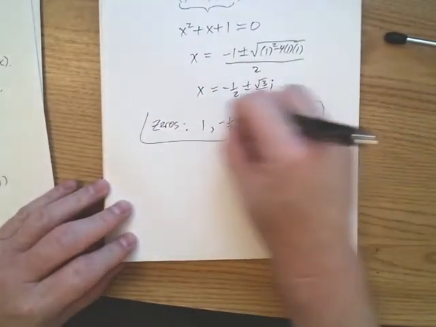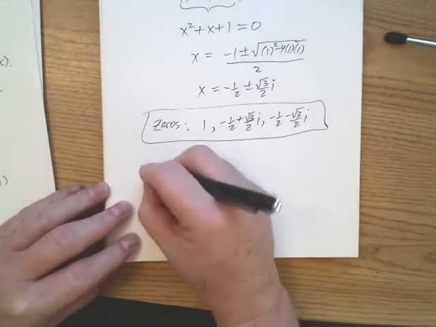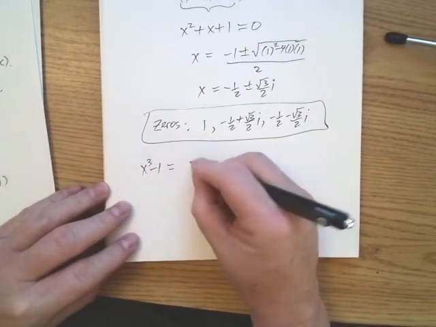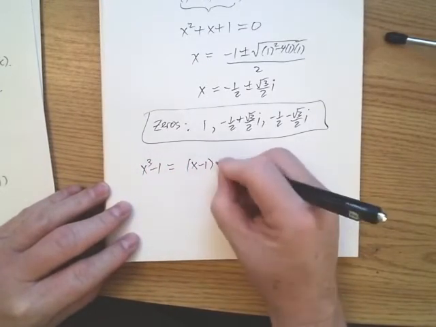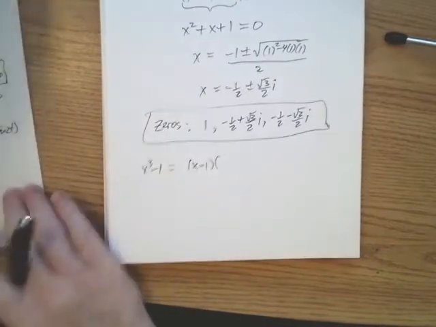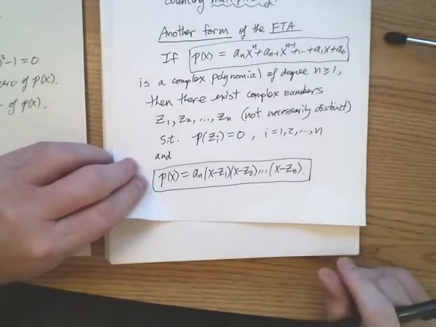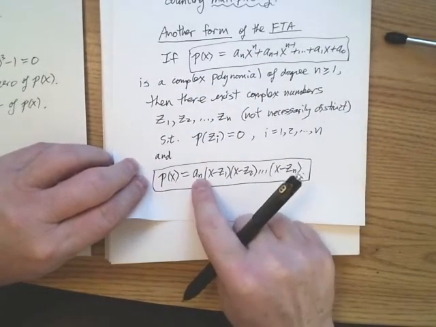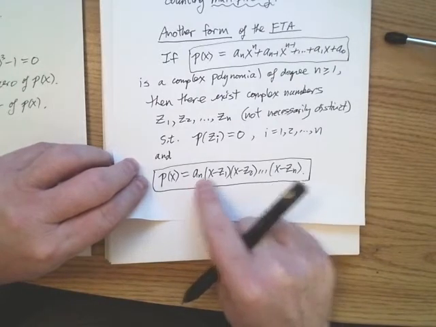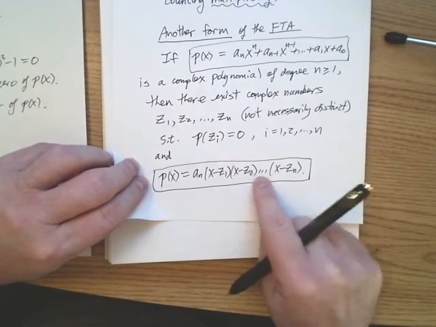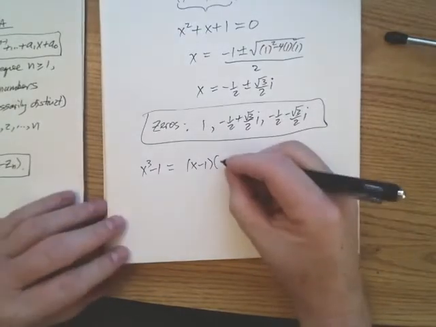Okay. Now let me mention one other thing here. So this actually answers our question. But our original polynomial factors in terms of its zeros. Remember this formulation? Our polynomial will factor with the leading coefficient up front, and then x minus each of the zeros going through. So this is x minus 1.